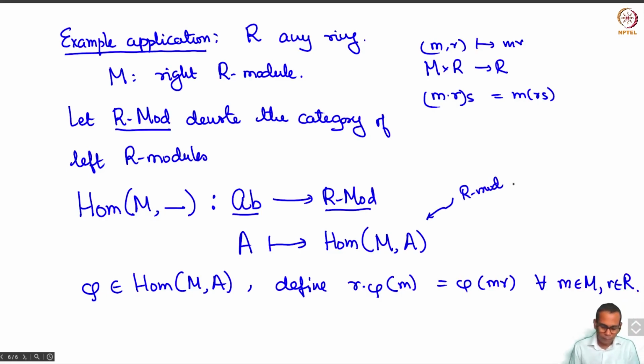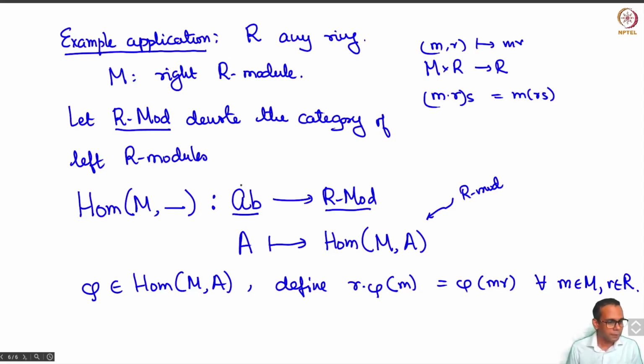So in this way, Hom(M, -) defines a functor from the category of abelian groups to the category of left R modules. You still need to think about what it does at the level of arrows, but here's what it does at the level of objects.